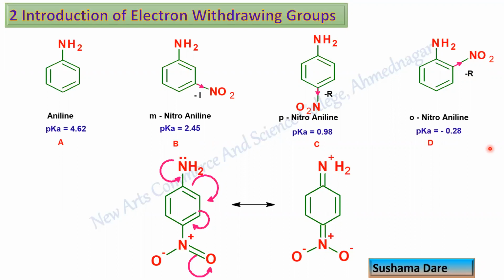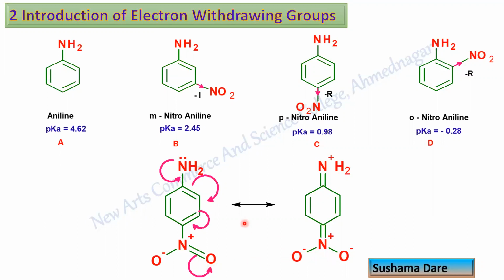Now, why does the basicity go on decreasing? There is a presence of nitro group, and as you know, nitro group is an electron withdrawing group. So how does it show the electron withdrawing effect? Look at the resonance effect here. The nitrogen electron pair of the NH2 group gets delocalized like this towards the oxygen atom of the nitro group.